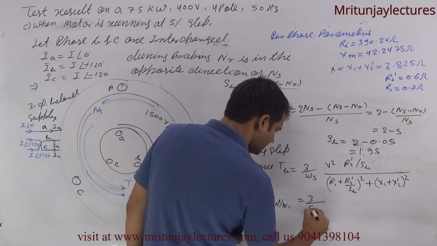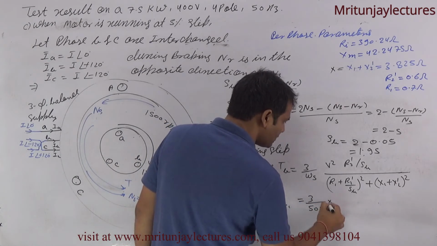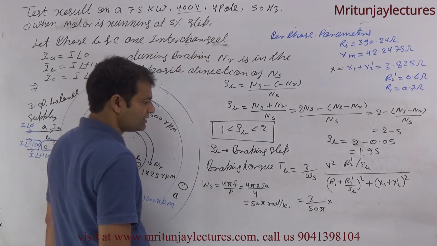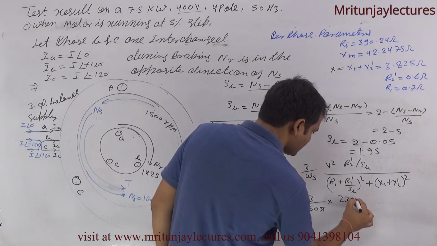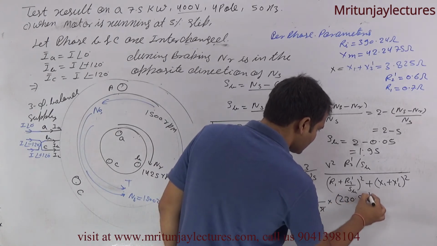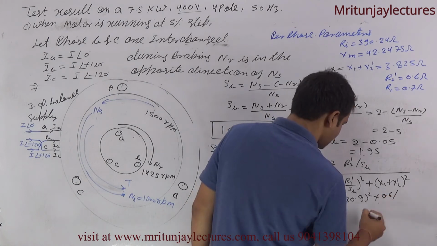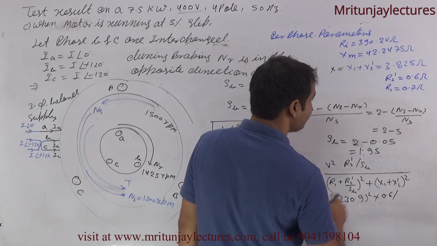So it is written as 3 upon 50 pi into V, which equals 400 by root 3, that is 230.9, to the whole square, R2 dash 0.6 divided by, what about S?